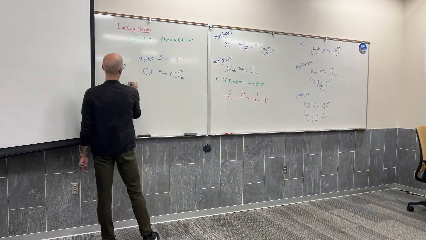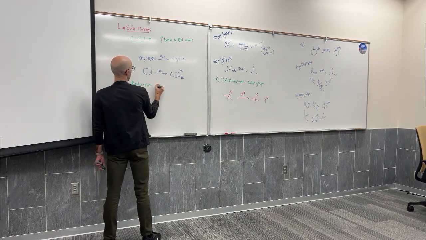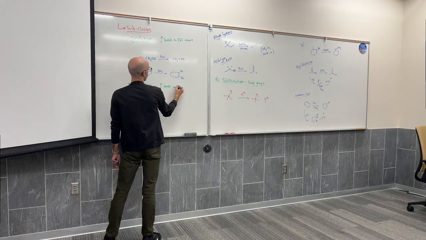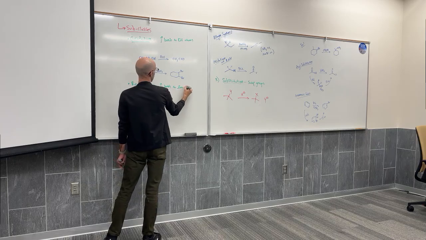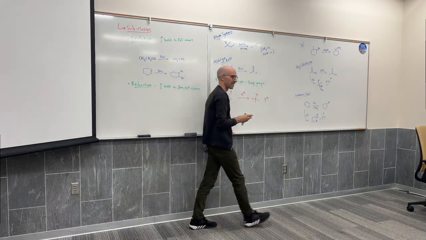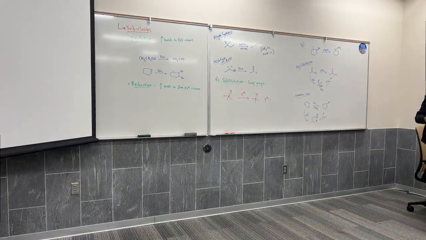Then, of course, the opposite would be reduction. This is where you increase bonds to less electronegative atoms. Maybe it's important to realize, though, that you can perform a reduction by simply decreasing bonds to more electronegative atoms.